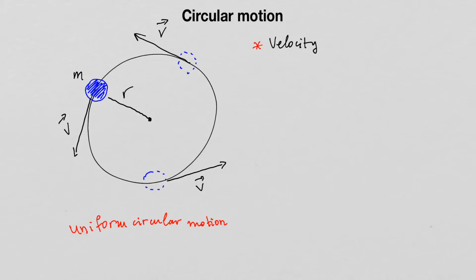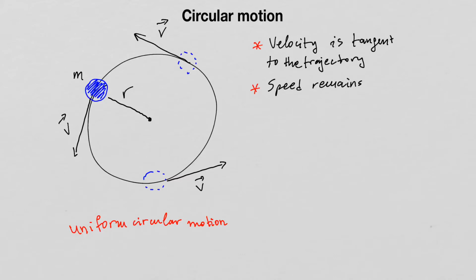So the direction of velocity changes, the magnitude remains the same, but the velocity is always tangent to the trajectory. The speed of motion remains constant.